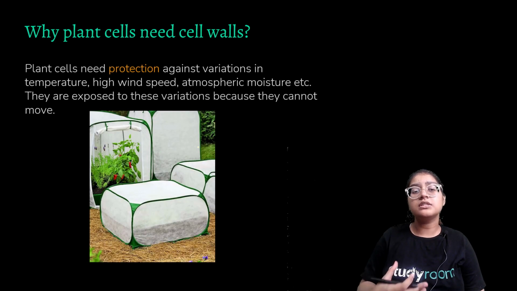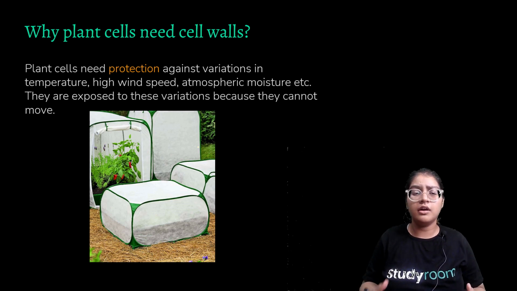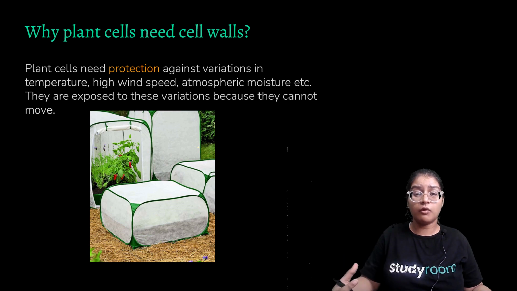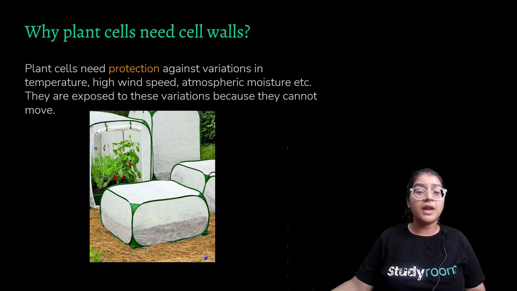But why do these plant cells need an extra layer of protection? Because they already have a plasma membrane just like every other organism. But why do they need an extra cell wall layer, an extra shield? Plant cells need protection against variations in temperature. Plants have to bear a certain amount of temperature. They are under constant sunlight exposure.